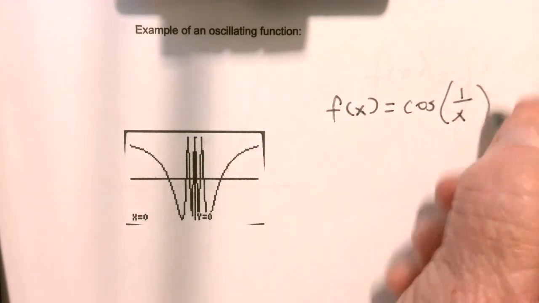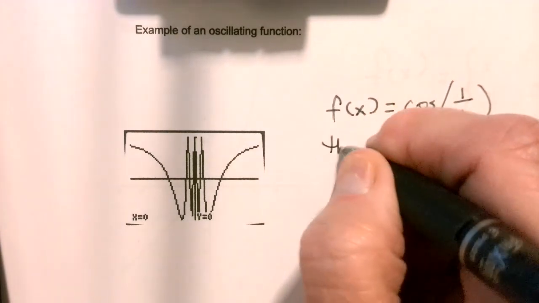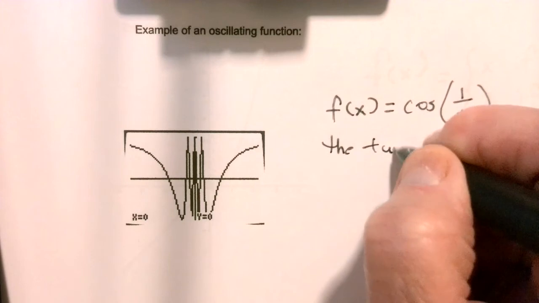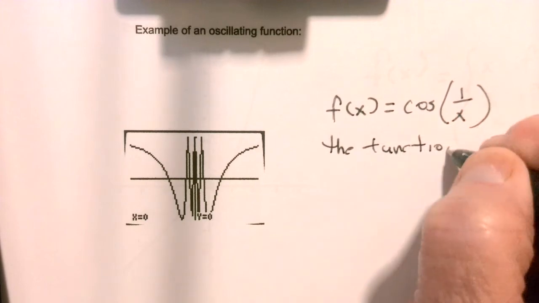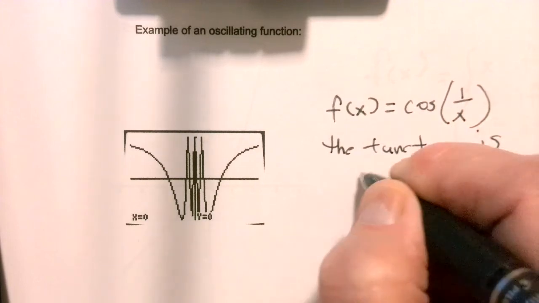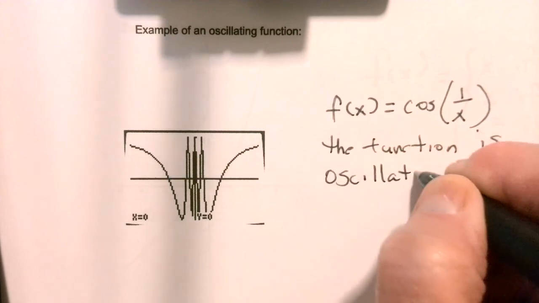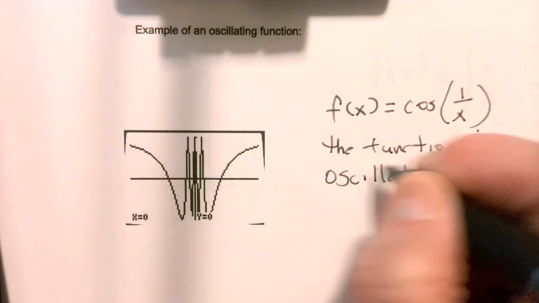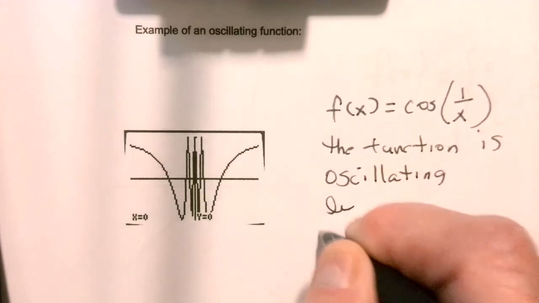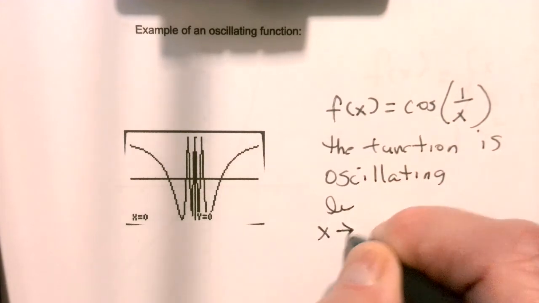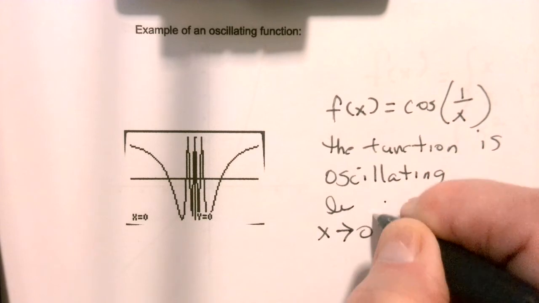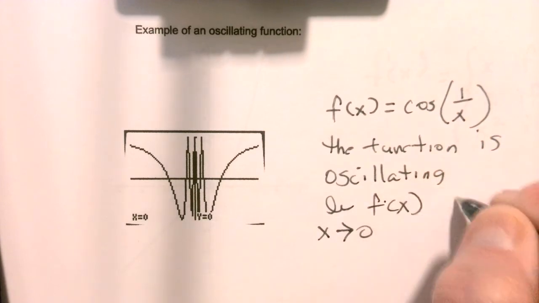That's the function that is graphed. So the function is oscillating, so the limit as x approaches 0 of f of x does not exist.